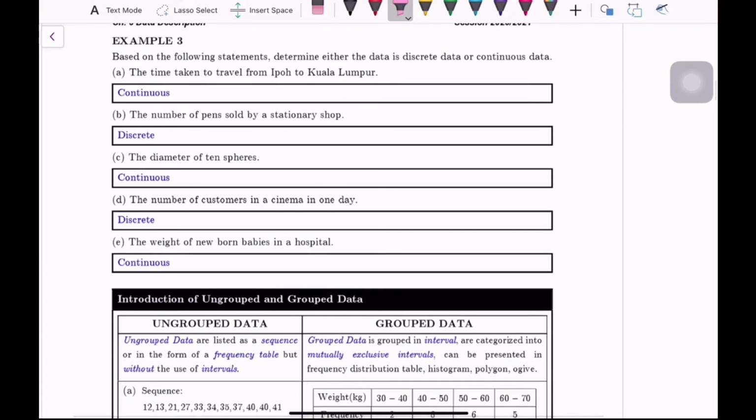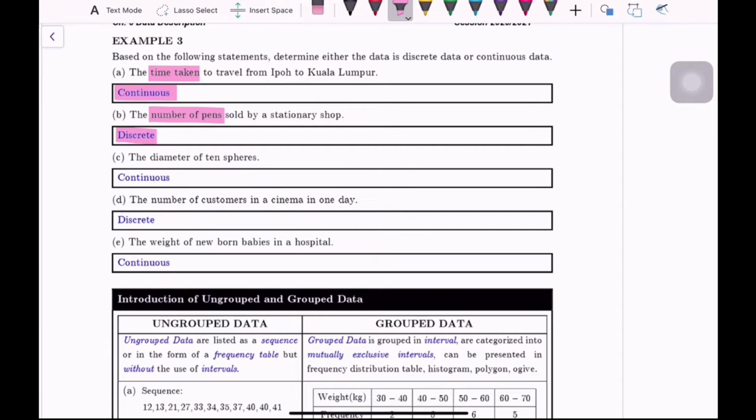Example 3. Based on the following statements, determine either the data is discrete data or continuous data. The time taken to travel from Ipoh to Kuala Lumpur is continuous data. The number of pens sold by a stationery shop is discrete data.